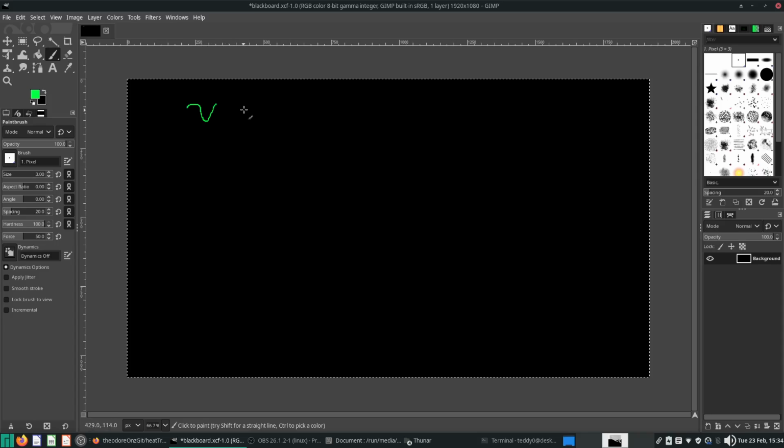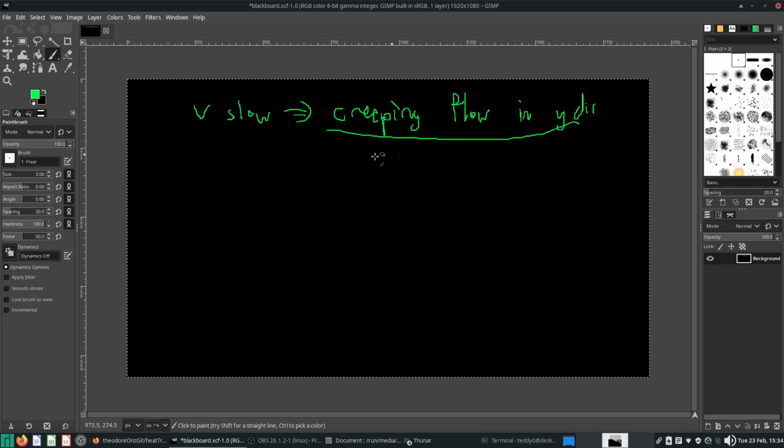The v velocity is slow, so we can have sort of creeping flow in the y direction. Creeping flow in the y direction. I think hopefully that's pretty clear.